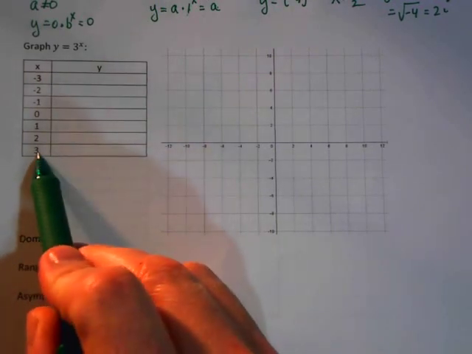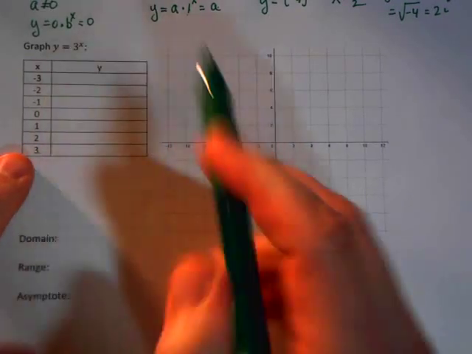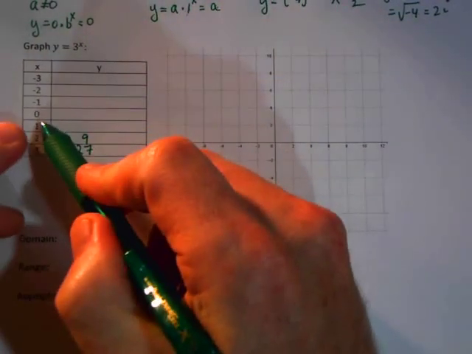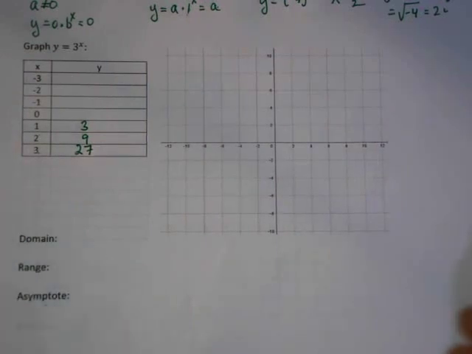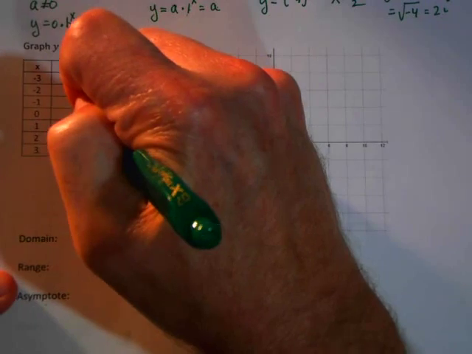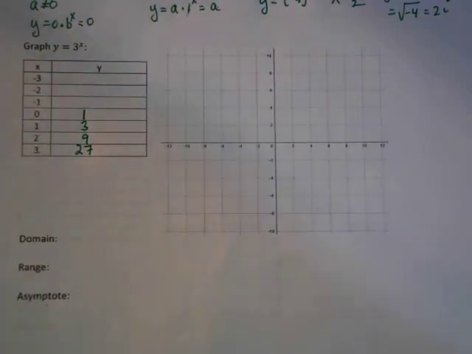Let's start down at the bottom of the table. 3 cubed, that's 27. 3 squared is 9. 3 to the 1 is 3. 3 to the 0, you remember our properties of exponents, we showed that 3 to the 0 is the number 1.